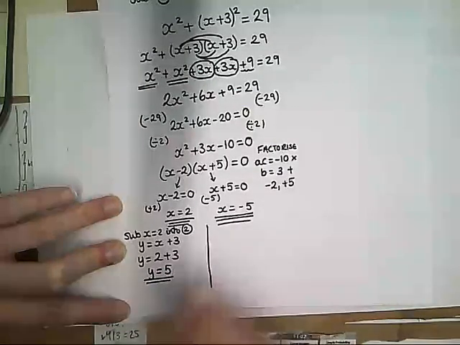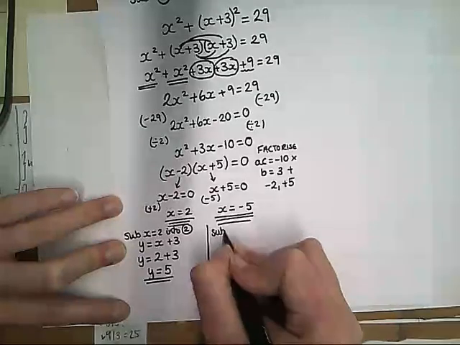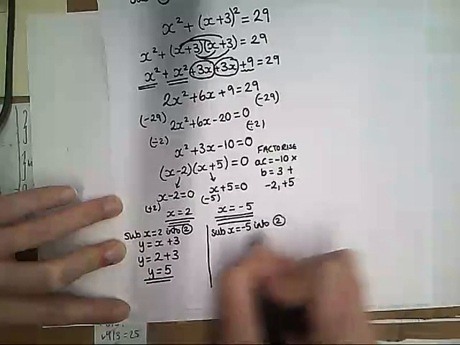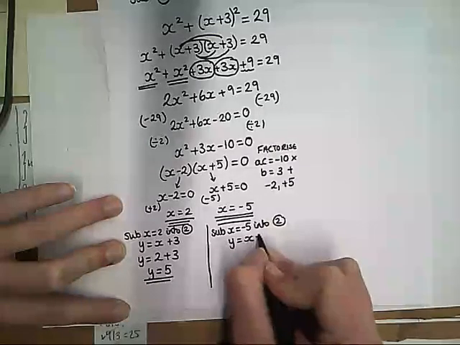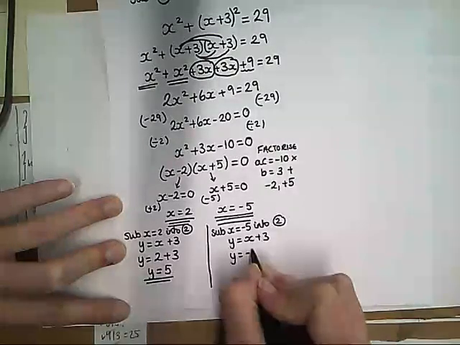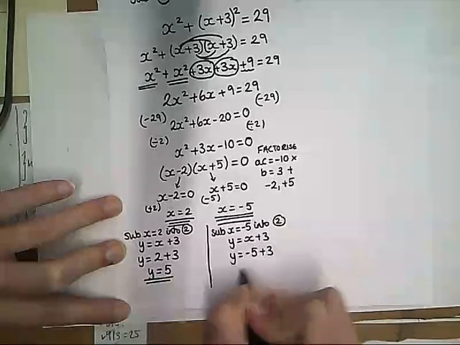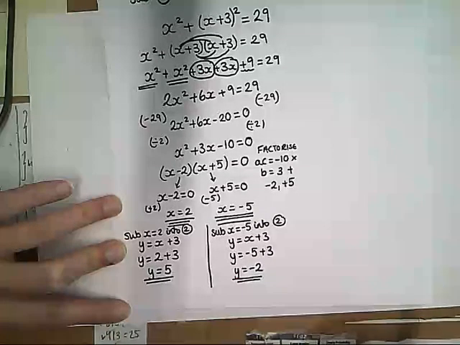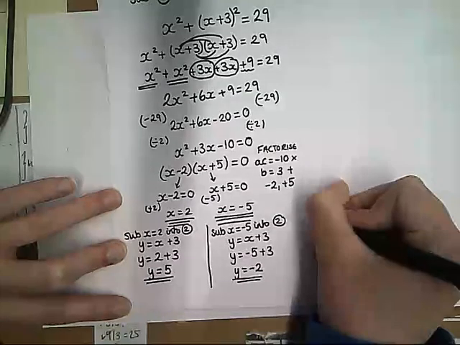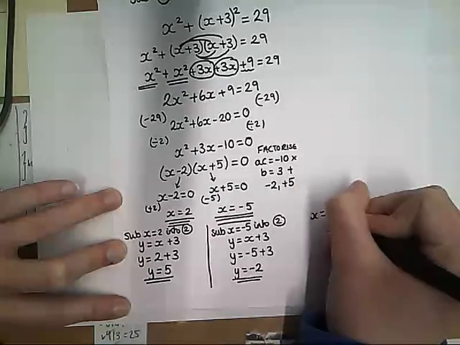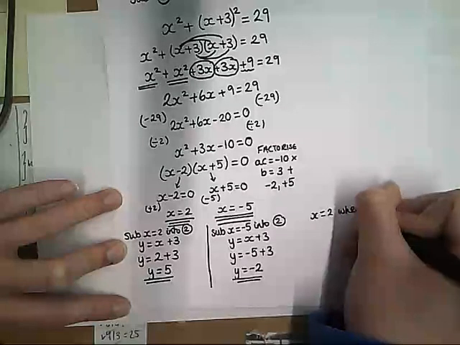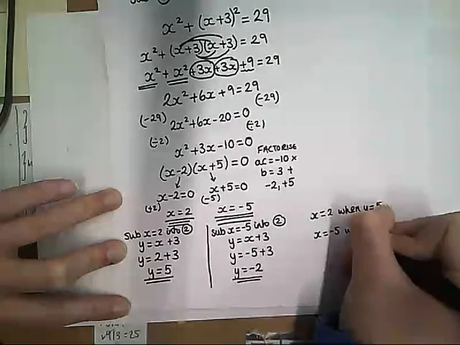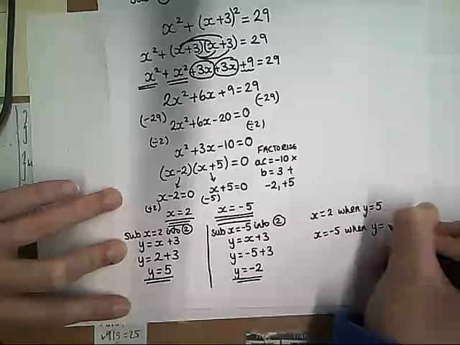And then same over here, we're going to sub x equals minus 5 into equation 2, y equals x plus 3. So our x is now minus 5, so we've got minus 5 plus 3, which is minus 2. So our solutions to the simultaneous equations are x equals 2 when y equals 5, and x equals minus 5 when y equals minus 2.